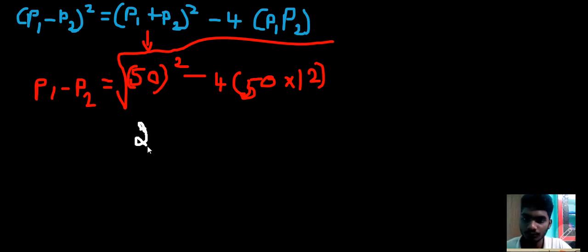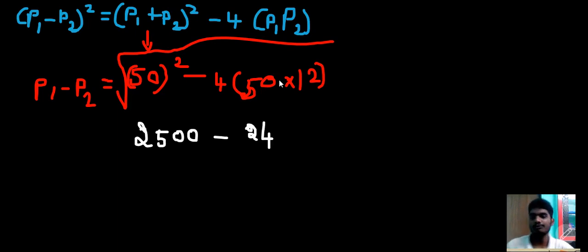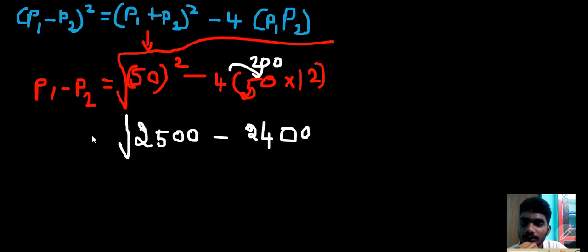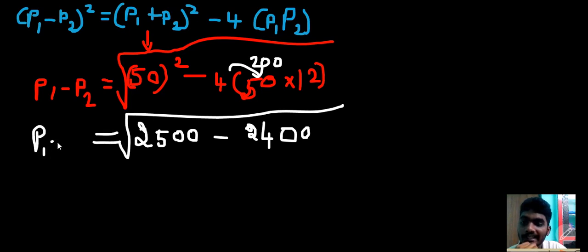So 2500 minus 4 into 200... 2 12s are 24, so 24 into double zero, 2400. The whole root is going to be p1 minus p2.